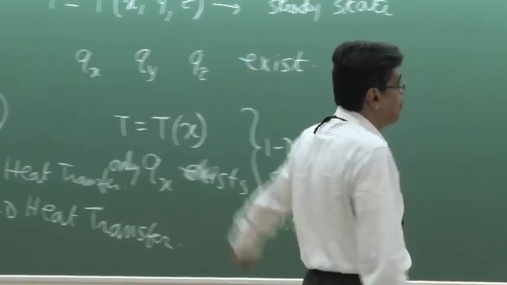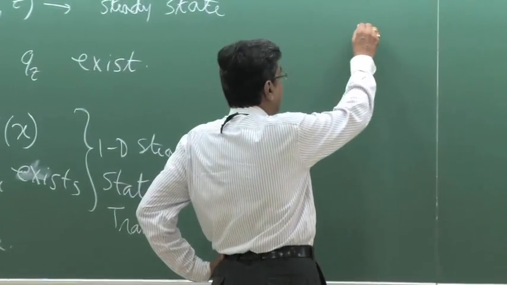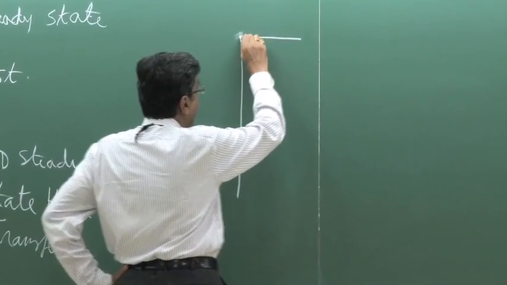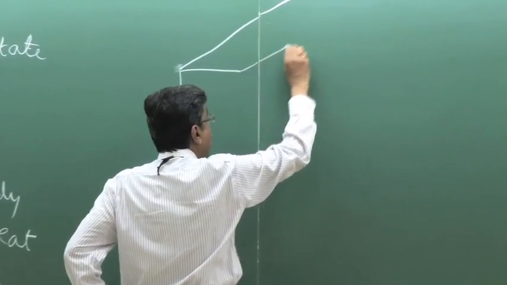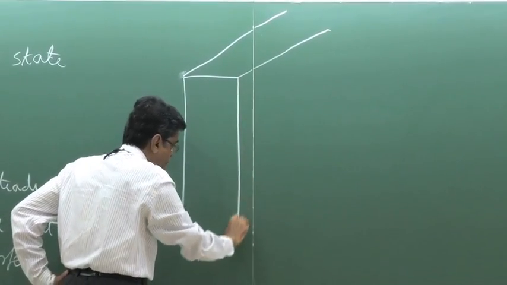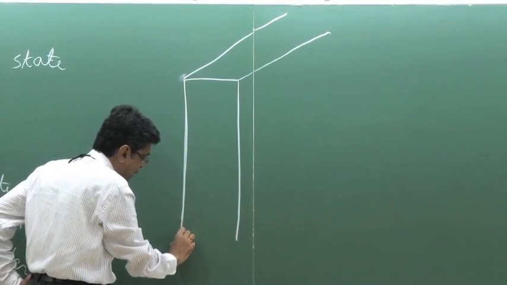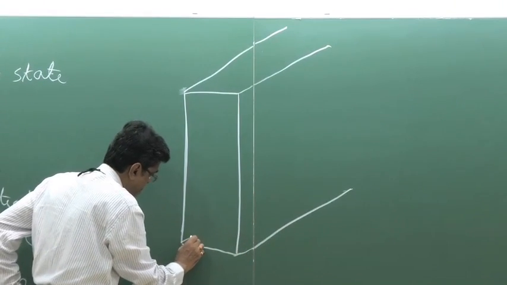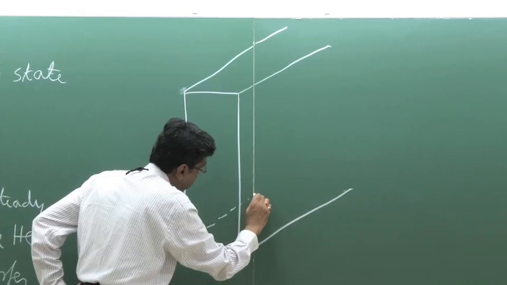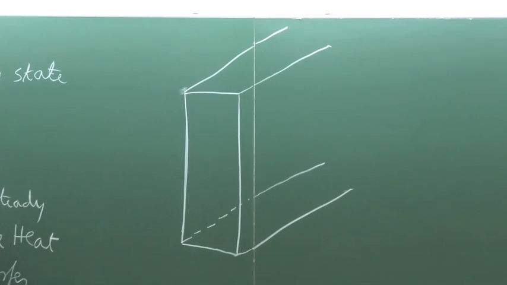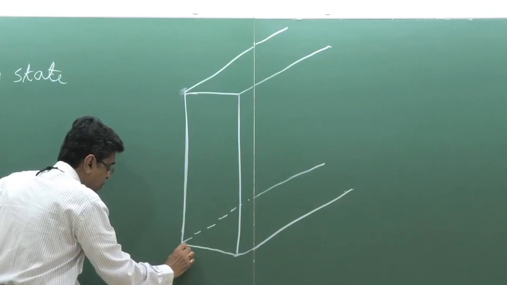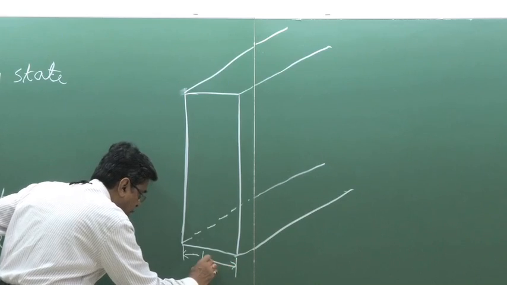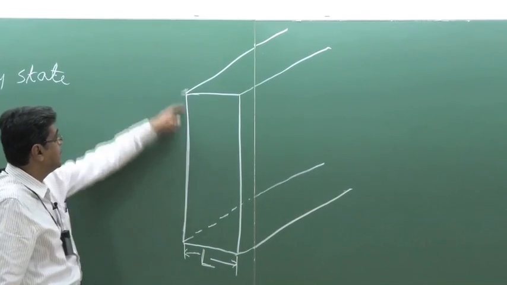So to realize this in practice, let us consider a wall like this, whose dimension in this direction, which we call length or width, is much small, L, compared to its dimension in this and this direction.